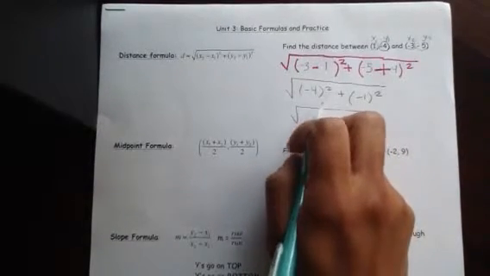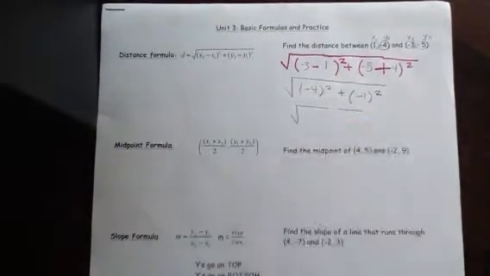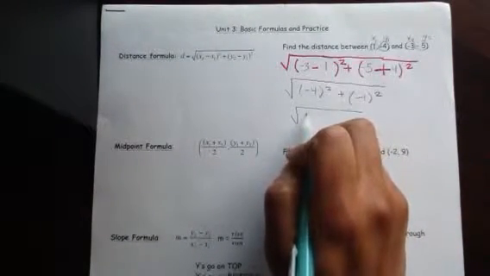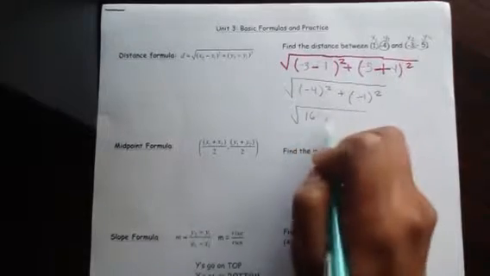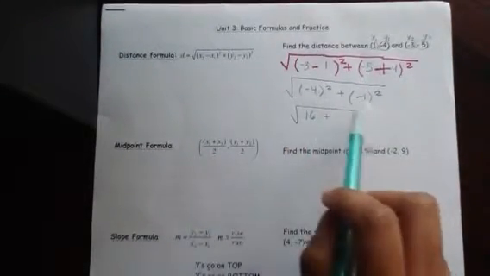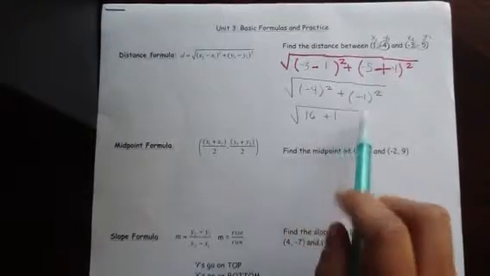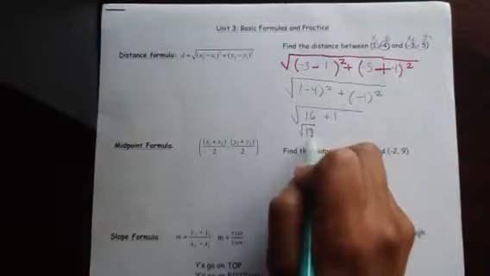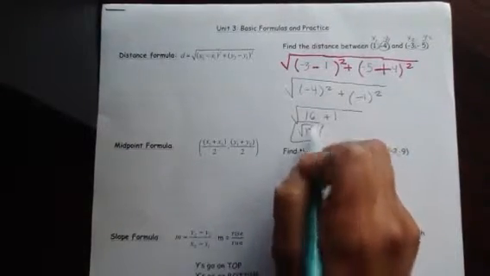Every time you square a non-zero number, it's always going to be positive. So if you're squaring something and you're getting something negative, you know something went wrong. So both of these, when you square, if you're using parentheses, you're going to see that you get a positive, and your final answer is the square root of 17. You can't simplify that any further.